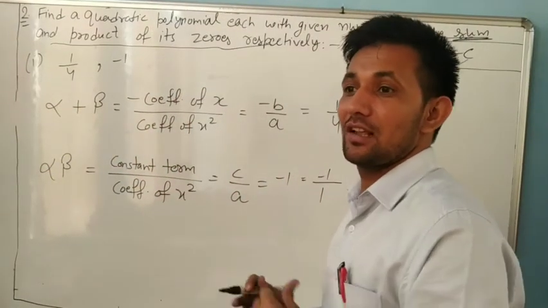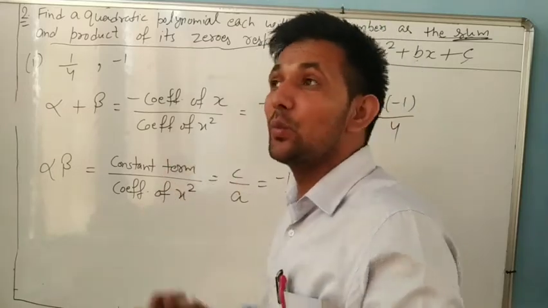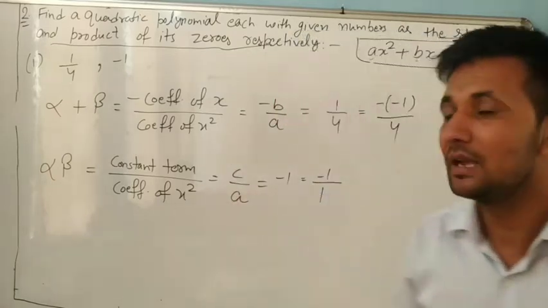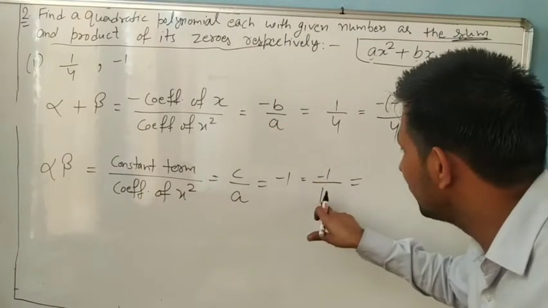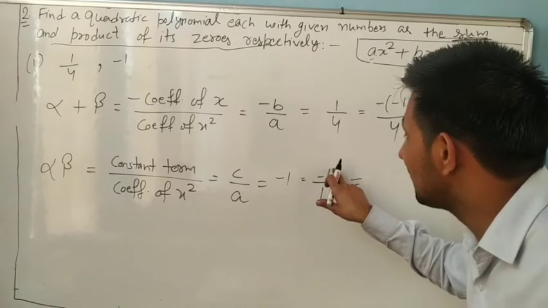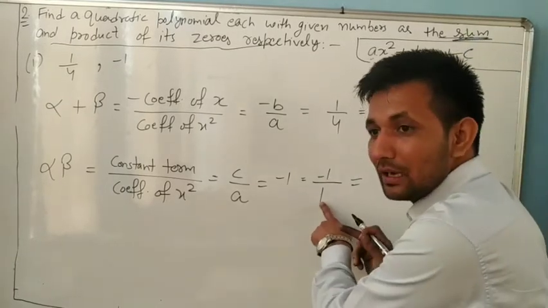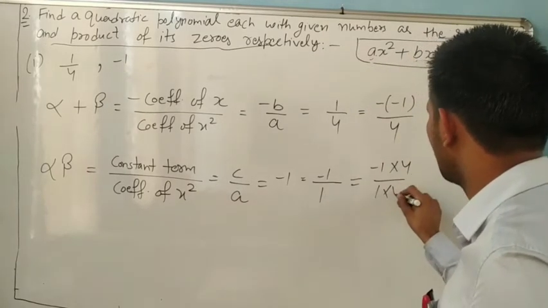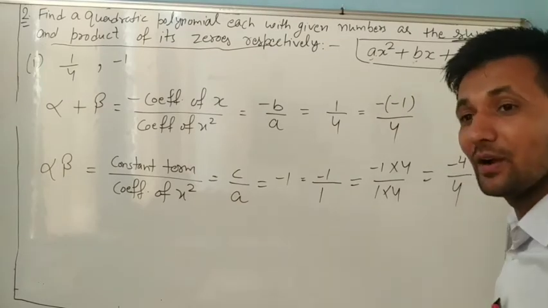In 6th class, in equivalent fractions, we can multiply and divide the numerator and denominator by the same number. We know a is 4, so we need 4 here also. So multiply numerator and denominator by 4: minus 1 into 4, minus 4, divided by 4.